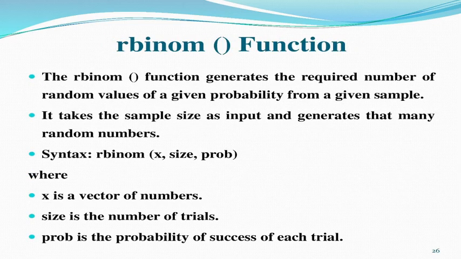The rbinom function generates the required number of random values of a given probability from a given sample. It takes the sample size as input and generates that many random numbers. Syntax: rbinom(x, size, prob), where x is a vector of numbers, size is the number of trials, prob is the probability of success of each trial.